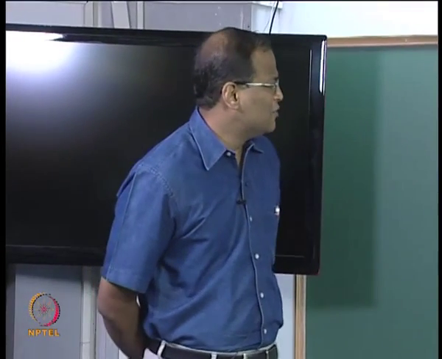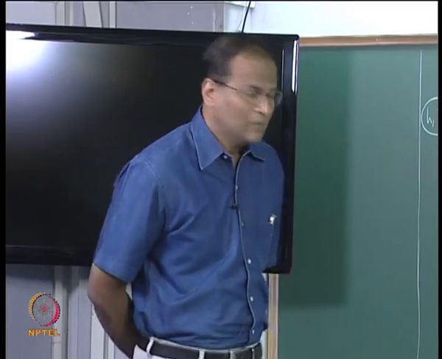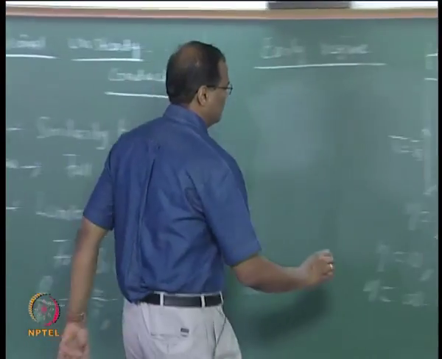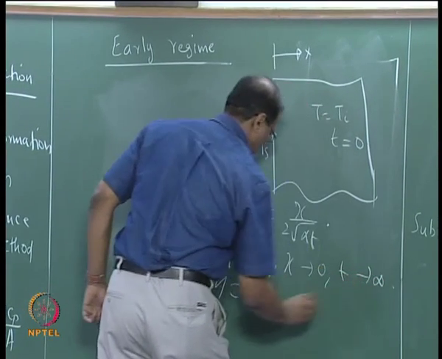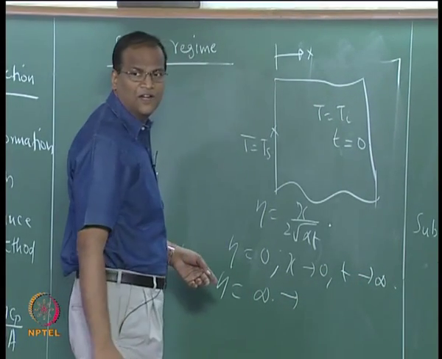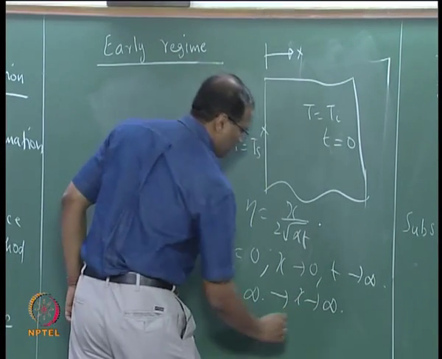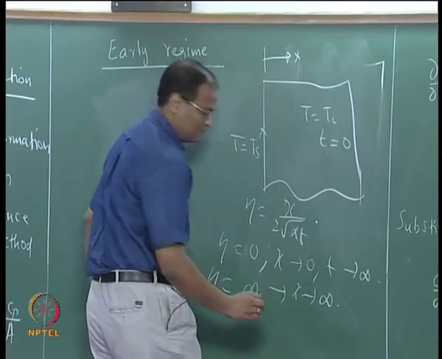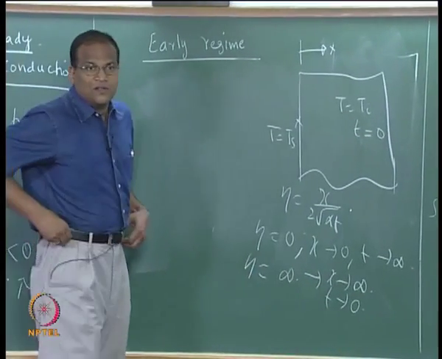Eta tending to infinity is x tending to infinity and t.